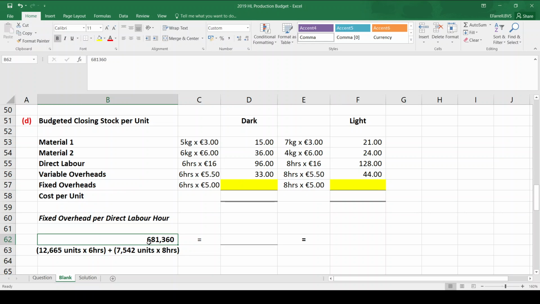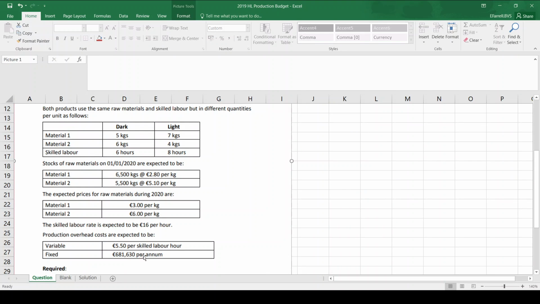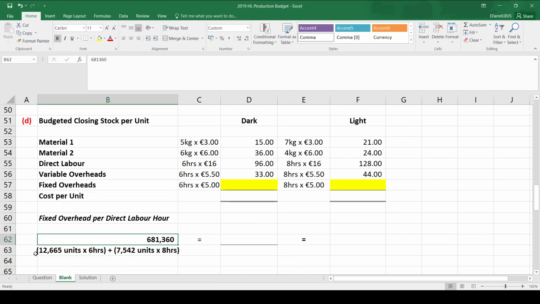So how you do that is you get your total fixed overhead, which is 681,630 from the question, and you divide that by the units we need to make of dark by the hours per unit, plus the units we need to make of light from part 1 to part A by the hours, which is 8.